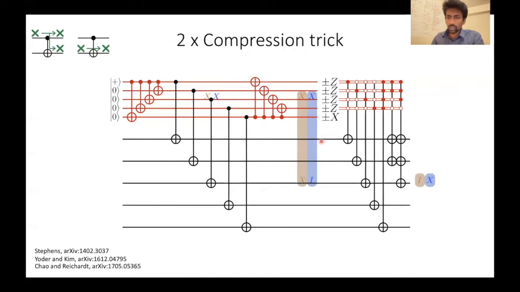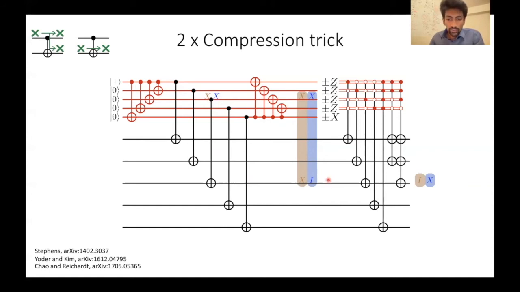So to understand how this 2 times compression trick works, let's look at the effect of X faults at 2 locations in the ancilla circuit, at the brown and the blue X locations marked in the circuit. So the brown X fault will propagate down this data CNOT into an X error. And the blue fault will not propagate down to the data at all because there are no data CNOTs after the blue fault happens.